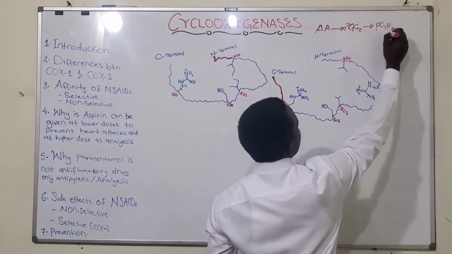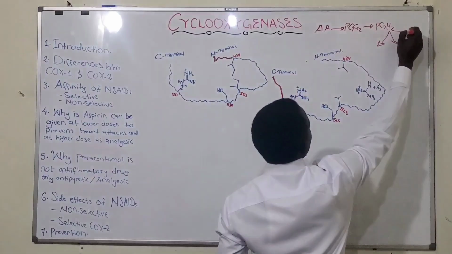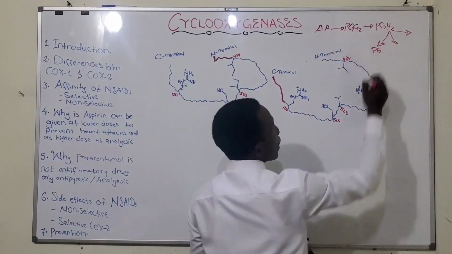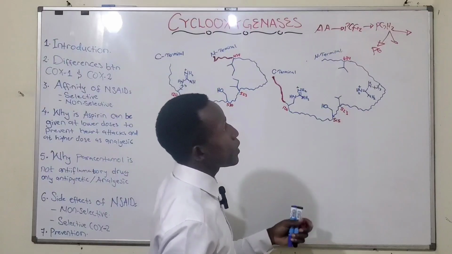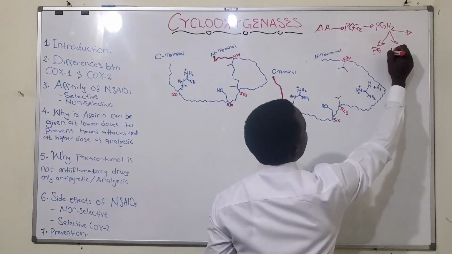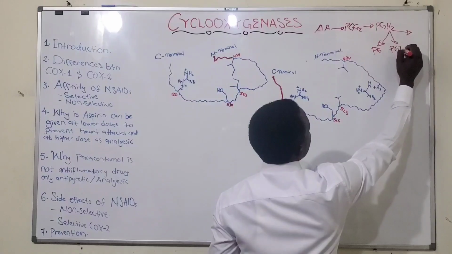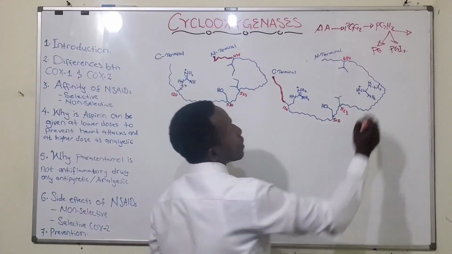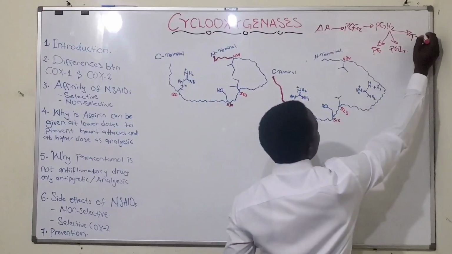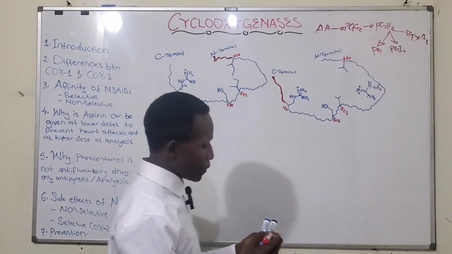Here, we can get different compounds. We can get the prostaglandins, the E2 and F2 alpha, and prostaglandin D2. Also, you can get the prostacyclins, also the thromboxanes, the A2, then B2.